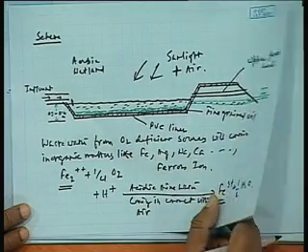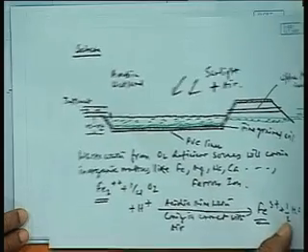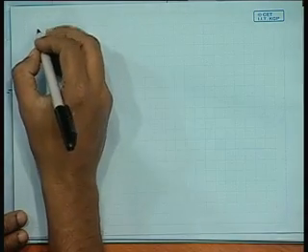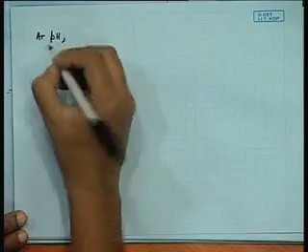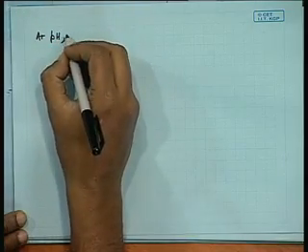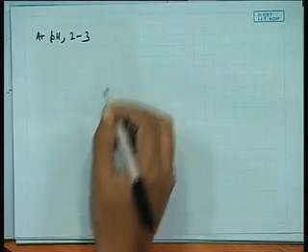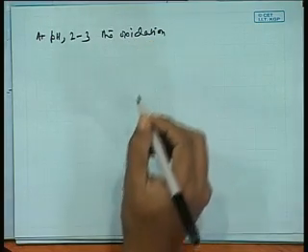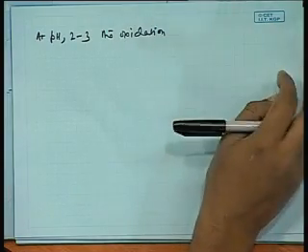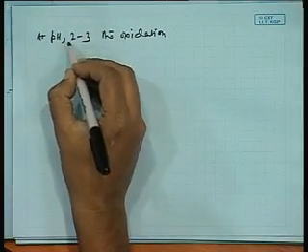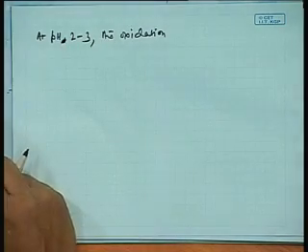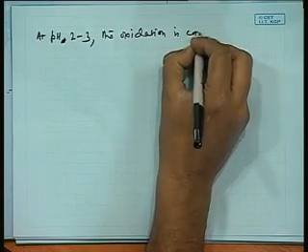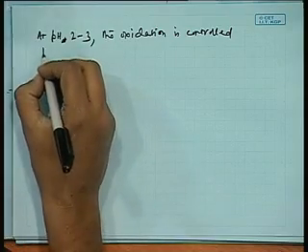The most important thing to understand here is this: below ground, at a pH of 2 to 3, the oxidation from ferrous to ferric form is controlled by bacterial action.